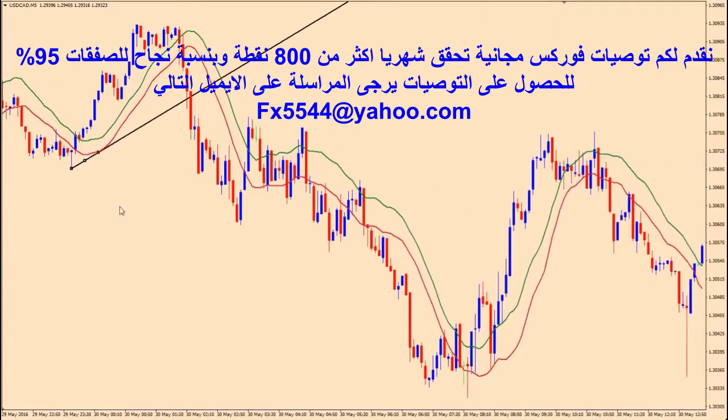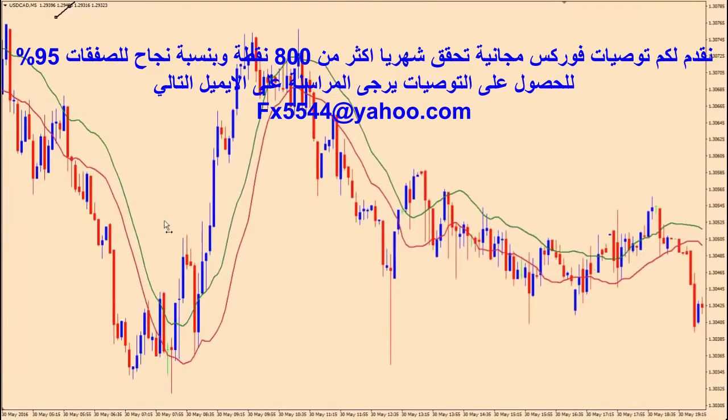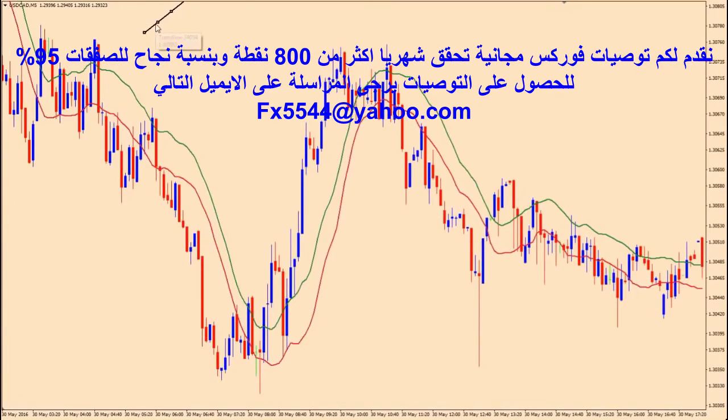Let's see, let's find a good one right here. There's one. We have a low right here with a decent corresponding low right here. And there we go.